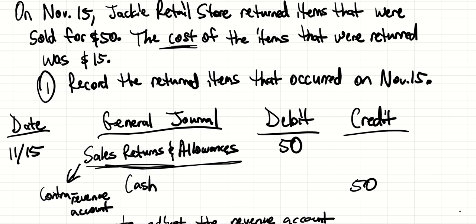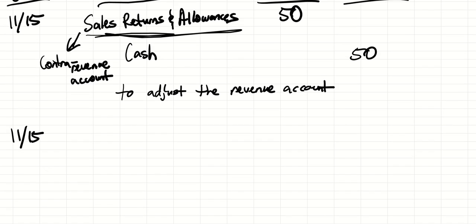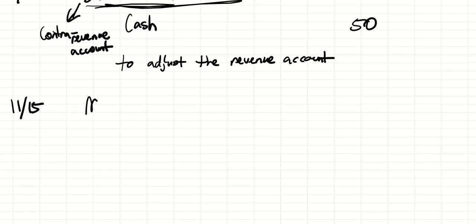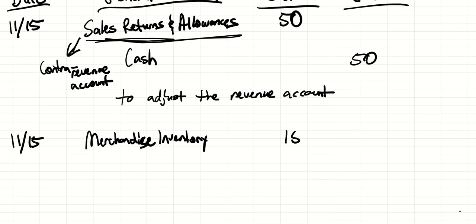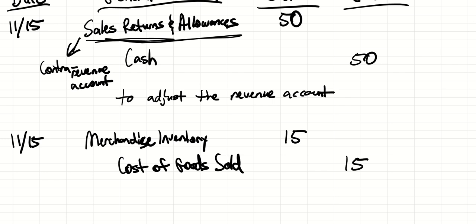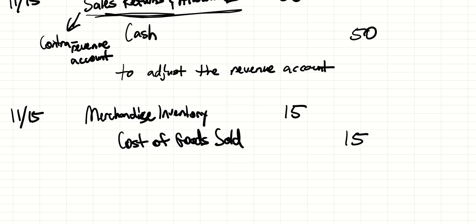Since these items that were returned cost $15 to Break a Leg, we're going to now debit merchandise inventory for $15. We're going to credit cost of goods sold for that same amount. So here we're just reversing the expense that was reported initially. This is to adjust the expense account.